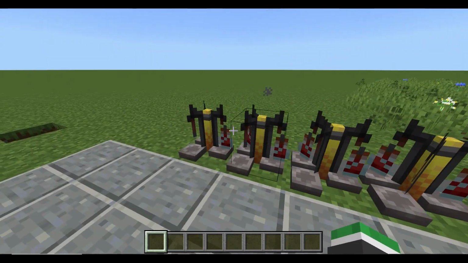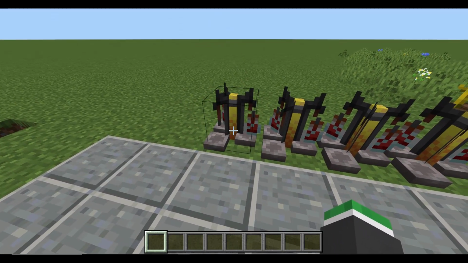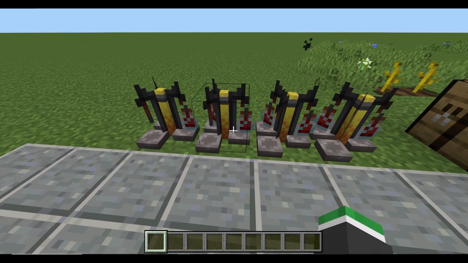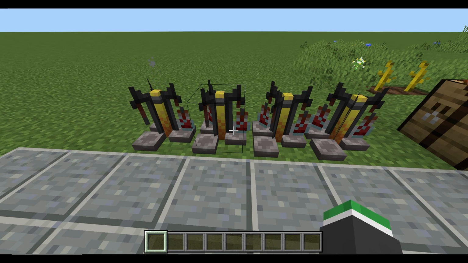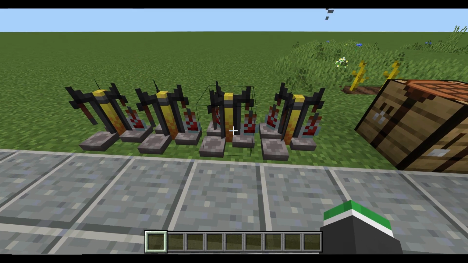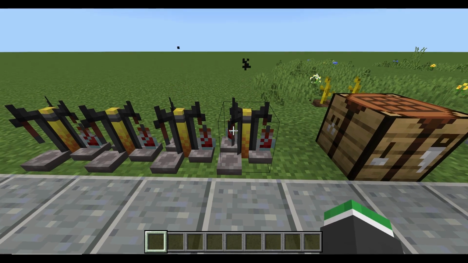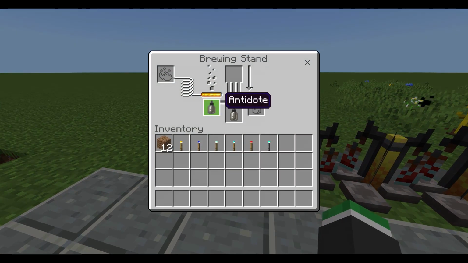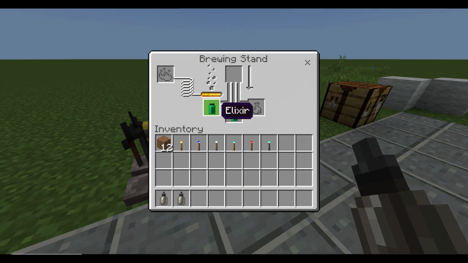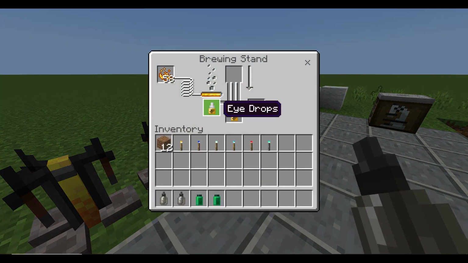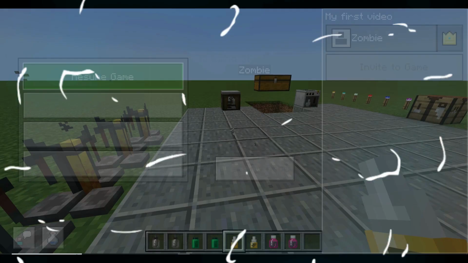So antidote is used to cure poison, elixir is used to cure weakness, eye drops are used to cure blindness, and tonic is used to cure nausea. As you can see, antidote, elixir, eye drops, and tonic.